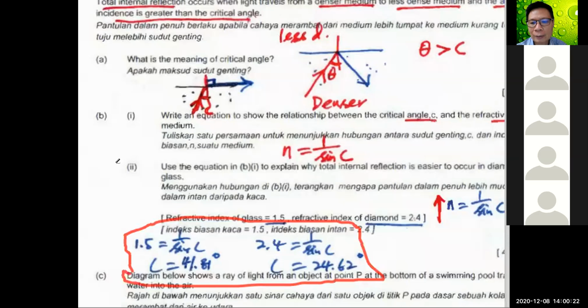Okay, last, you write: therefore, diamond with a smaller critical angle will experience total internal reflection easily. Okay, that's all.